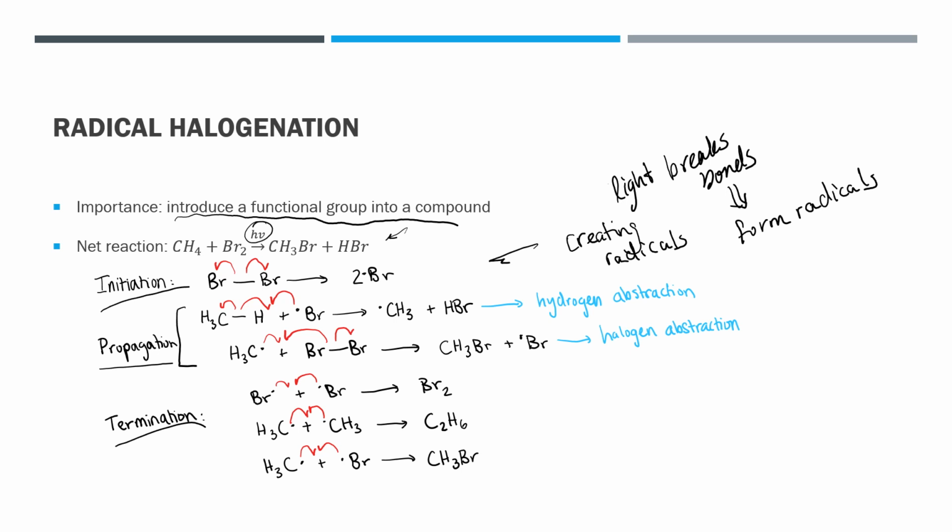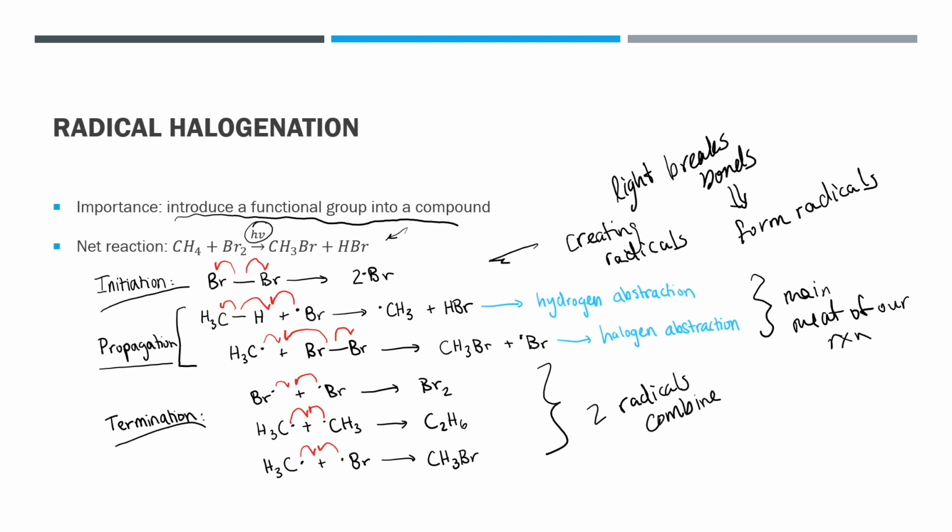It's actually happening. This is the main meat of our reaction. We're actually forming cool things. And last of all, we have termination, which means that two radicals combine. If we have two unpaired electrons, they're going to combine and form a bond, and that's going to pair the electrons, so they form a molecule.